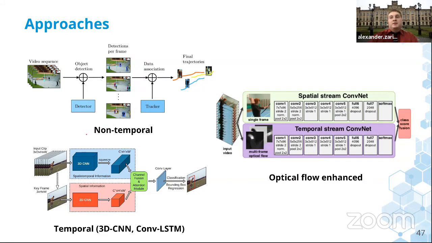On the other hand, there are temporal approaches that heavily utilize the temporal nature of videos. They use neighboring frames from the videos and try to incorporate this information using 3D convolutions or conv-LSTM to enhance predictions from our single frame, and hence make our object detection model more robust to different kinds of noise that come from the video.